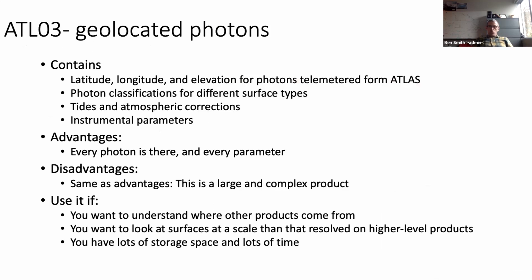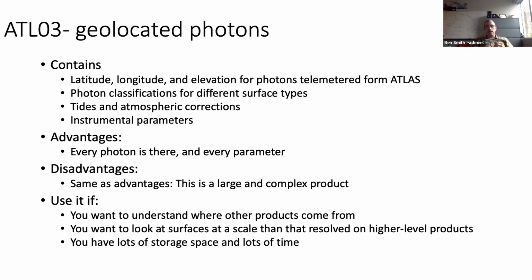So now a tour through the products. I've already discussed ATL03, the geolocated photon product. In addition to the actual locations and heights and timings of the photons, it contains geophysical corrections that get used by some of the higher level products, and it contains a lot of instrumental parameters. So this is the product that has everything, and that's its advantage and its disadvantage.